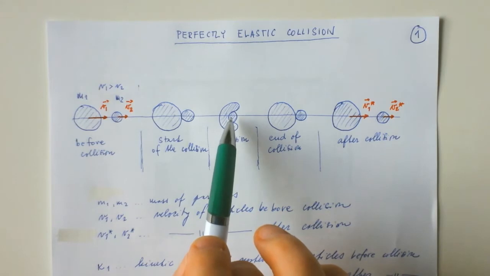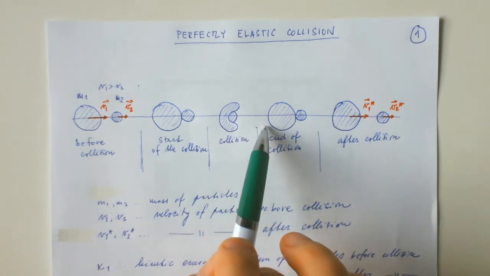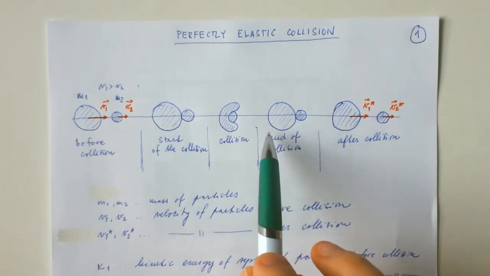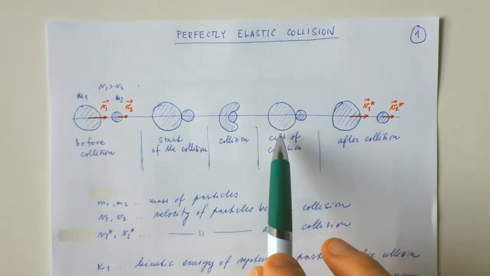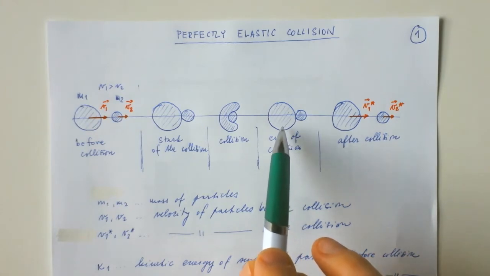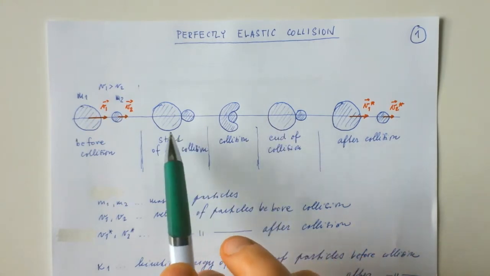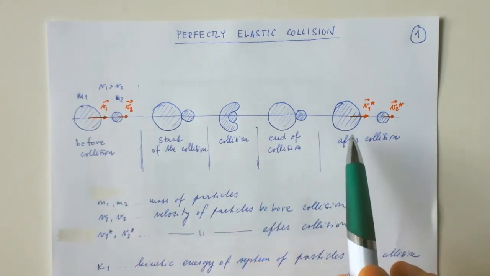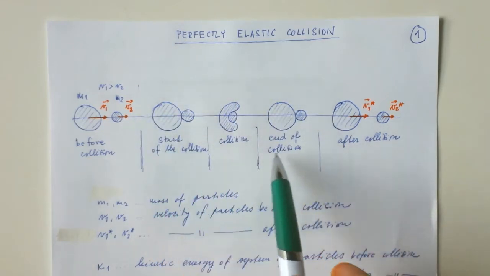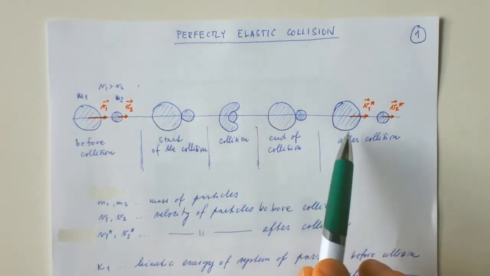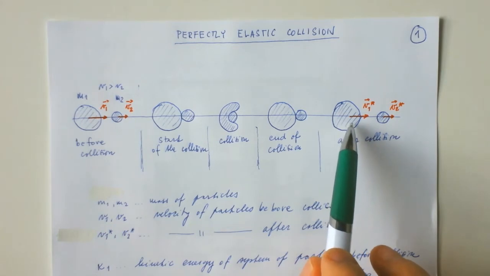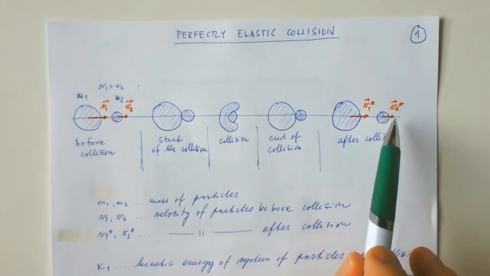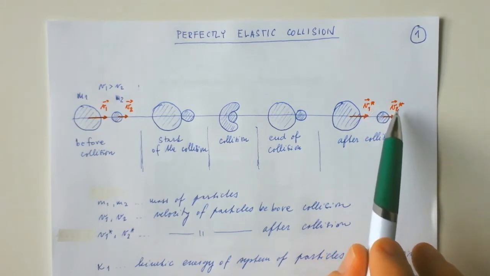So all deformation after collision is given back, and we get the same shape of each particle as it was before collision. And finally, from the collision, particles continue with new velocities, v1 with star and v2 with star.